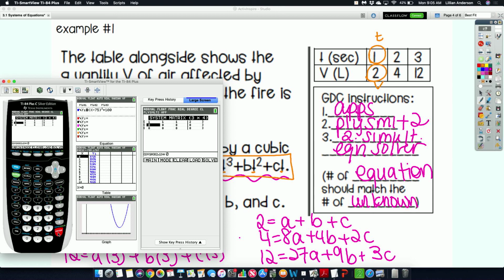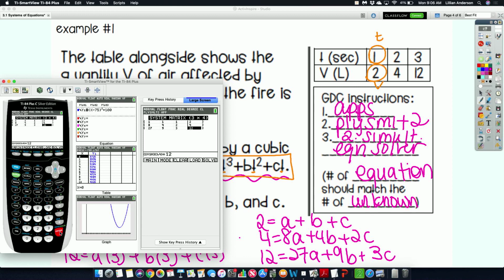The next line, 8, 4, 2, and all that equals 4. It does have an effect on where you put the coefficients, it will matter. So you want to make sure that they're in order. All your A's are first, all your B's are second, all your C's are last. Then you have 27, 9, and 3. And the last one is 12.